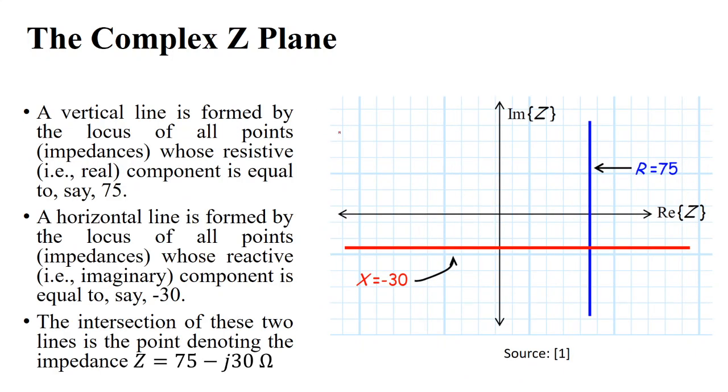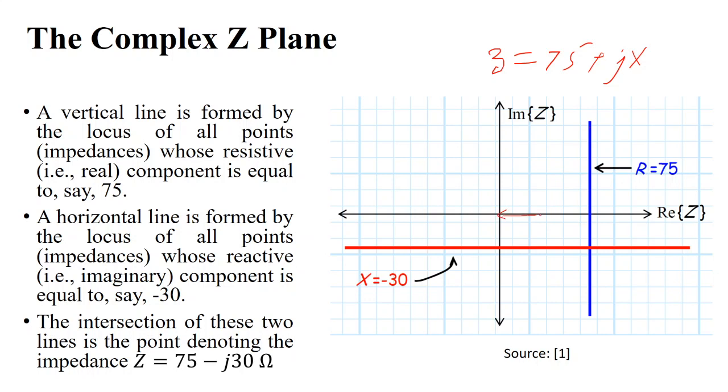Now, in the complex Z plane, if the resistance is fixed, for example Z equals 75 plus jx, then for different values of x, all the impedances will lie on this line. So this is a constant R line, which is parallel to the imaginary axis.